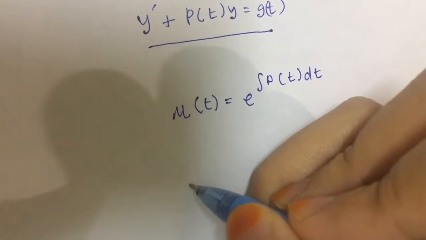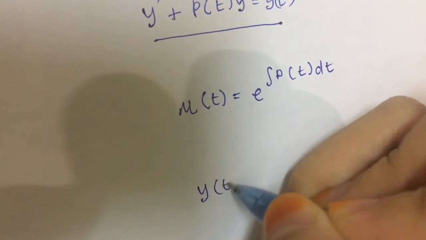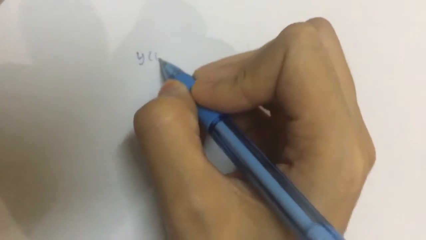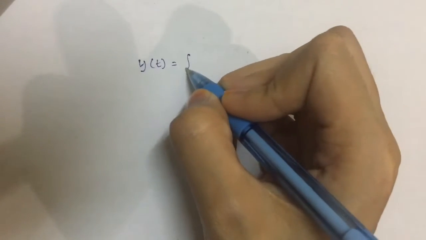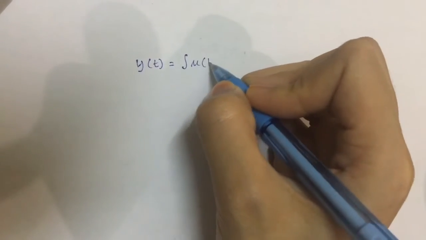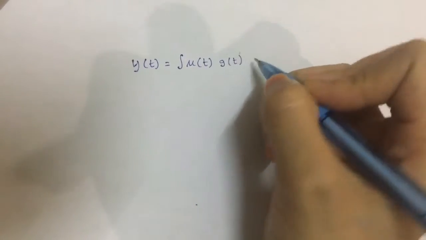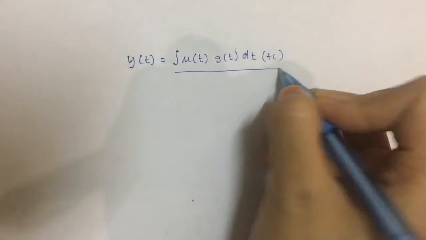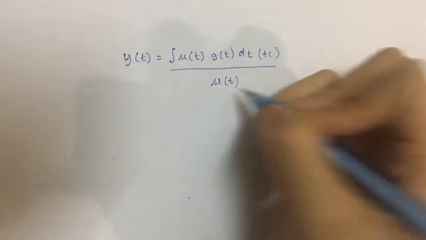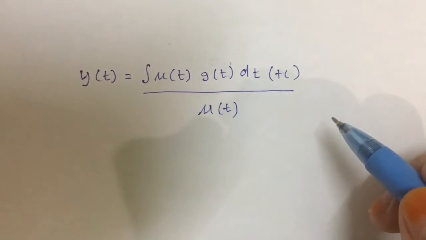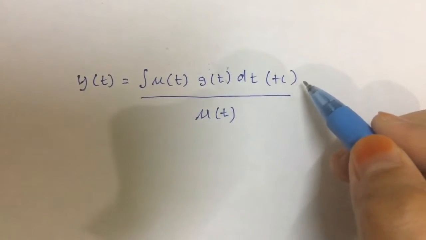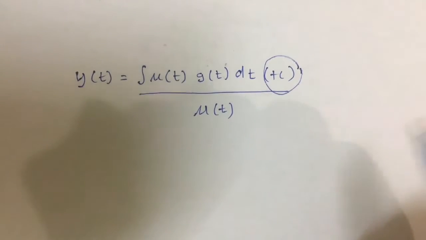Next, we can find the solution y(t) equal to the integral of mu(t) g(t) dt plus c, over mu(t). Always remember to include the constant of integration, which is included in the formula above as plus c at the end.